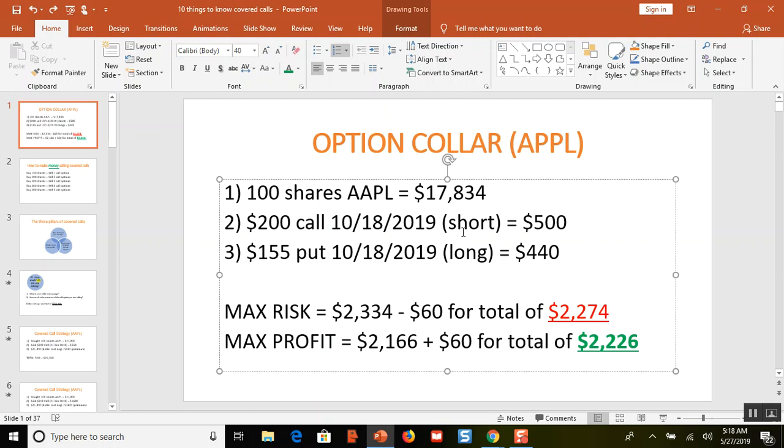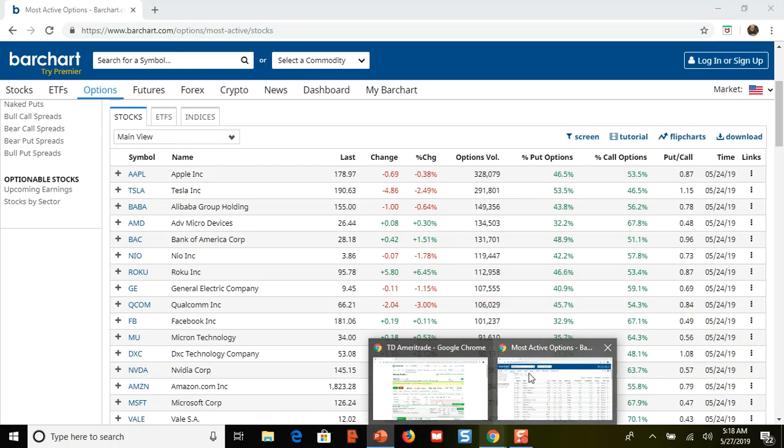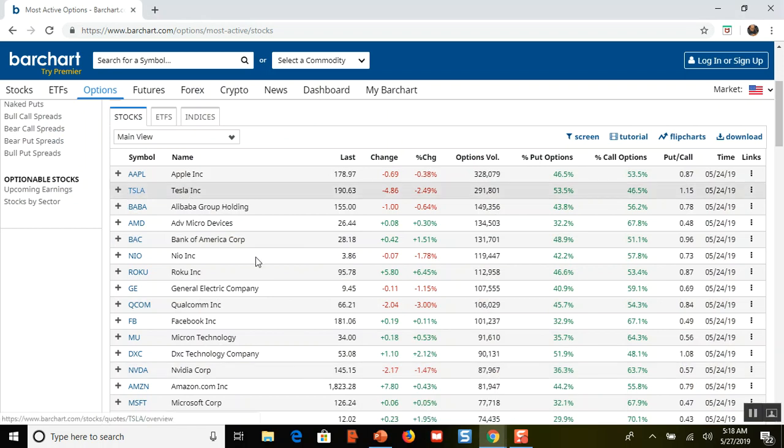If it goes down to $100 a share. You know, I mean, there is a trade war going on with the tariffs in China. I mean, who the heck knows why the stock market could drop, right? So this is how the standard option collar works, and you could pick any stock you want. Tesla.